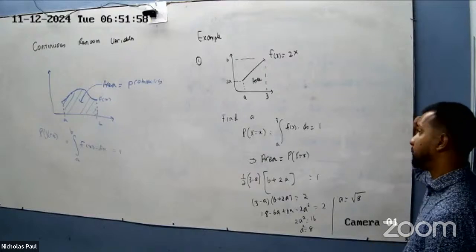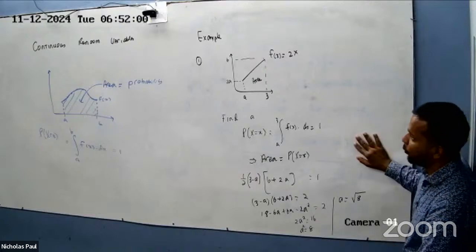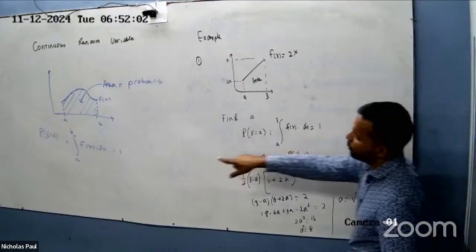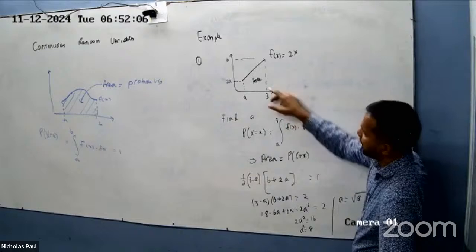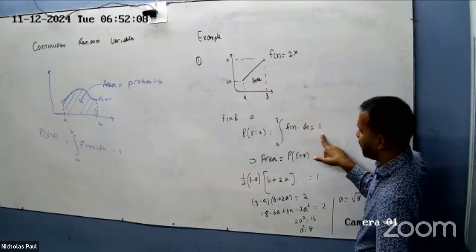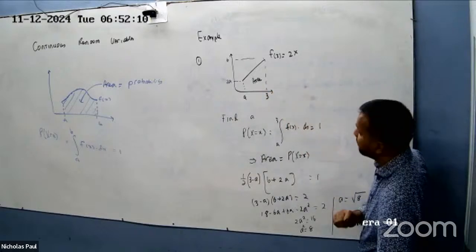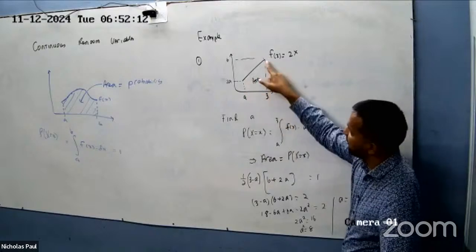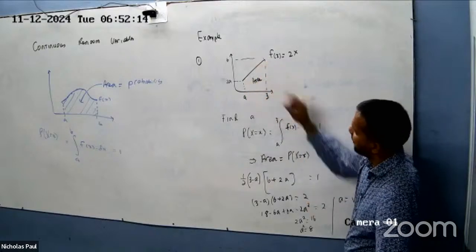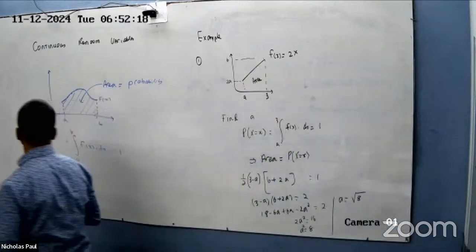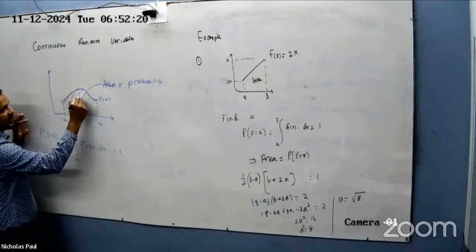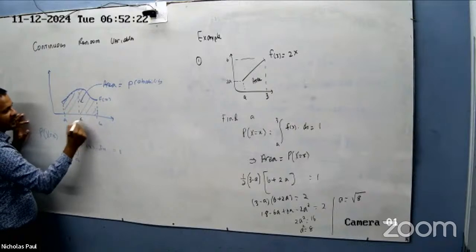So basically, what I'm trying to say is that we don't really have to integrate. All we have to use is the area being equal to the probability. And if it's the entire area, then the entire area is 1. Let's say you wanted to get the probability between B and C now.